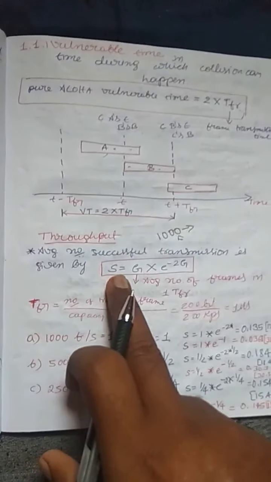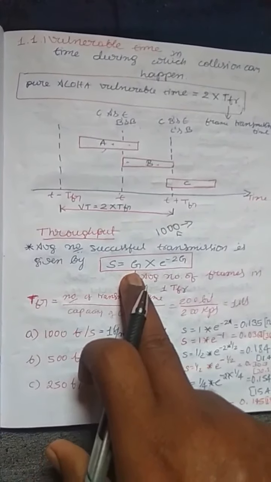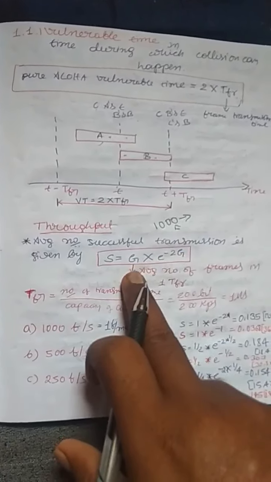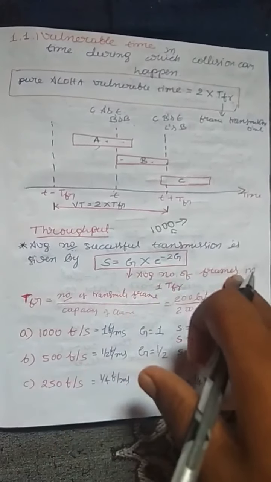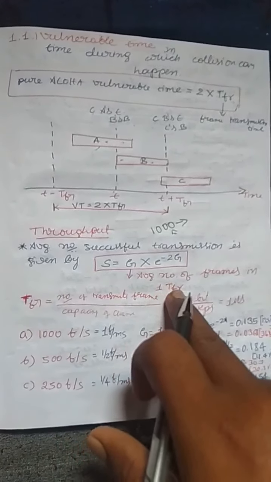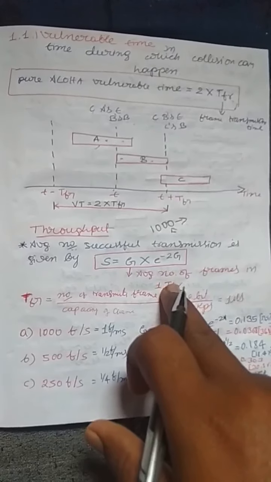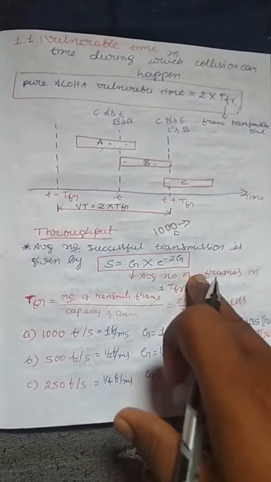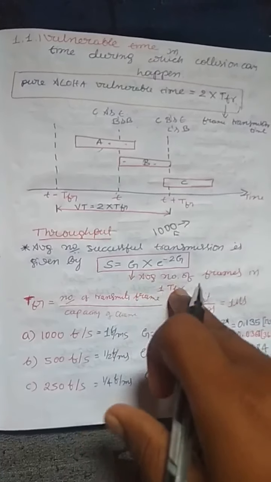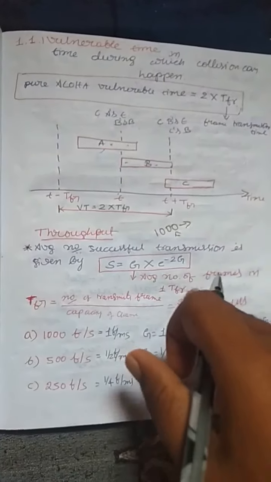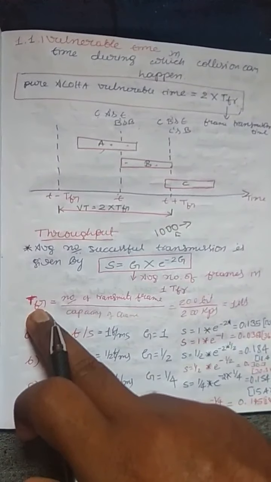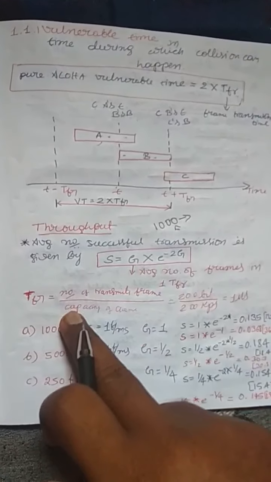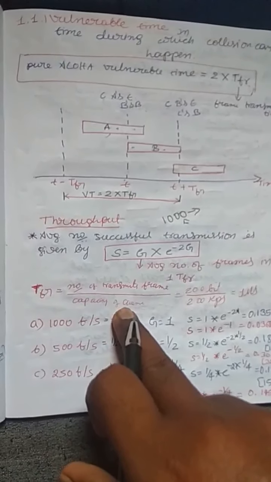That is given by S is equal to G into e to the power of minus 2G. Here G represents the average number of frames in one frame transmission time. This frame transmission time is the number of transmission bits of the frame divided by the capacity of the cable.